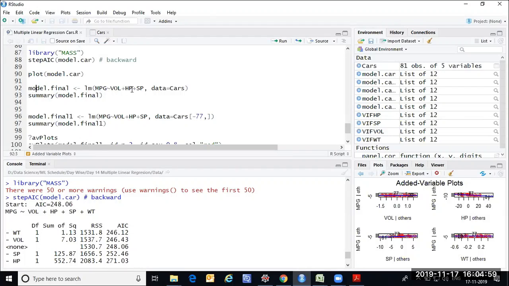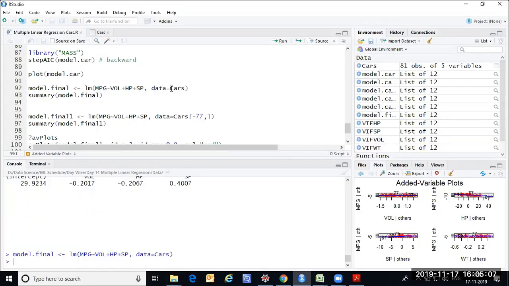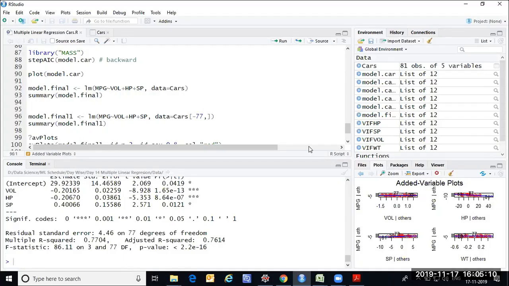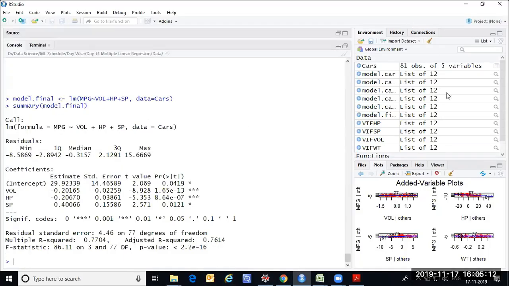Now we are finally building a model. We have decided to drop the weight variable, building the model by removing the weight. Now all the variables are significant.